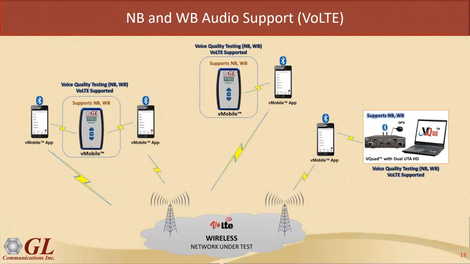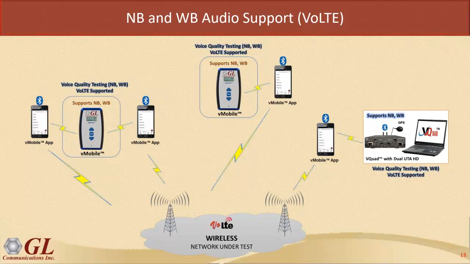So now, as Matt mentioned in the beginning, we still have the VQuad solution. We're not getting rid of the VQuad solution, and now we're introducing the vMobile solution. So we want to make sure that everybody works together. When the vMobile is controlling a phone, it's an independent call.